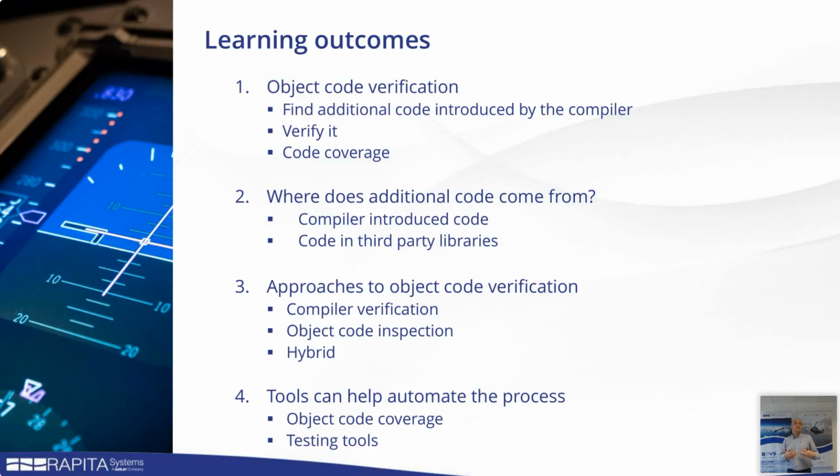In your code base, for example, in the case that we introduced, it could be that A and B were always positive, which means that when you do the object code coverage, the library function will have a piece of code that has not been covered at all, because all your tests are only for positive numbers.